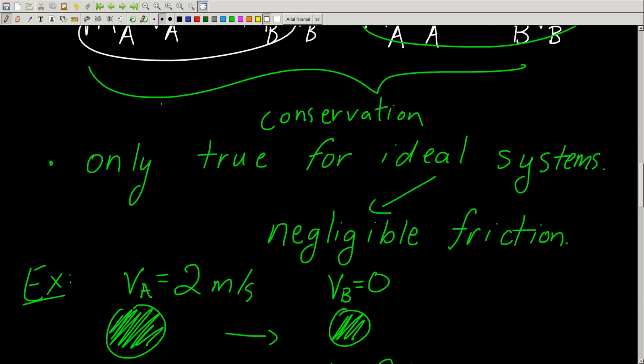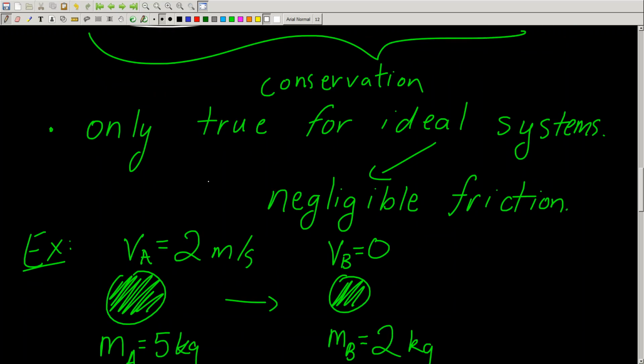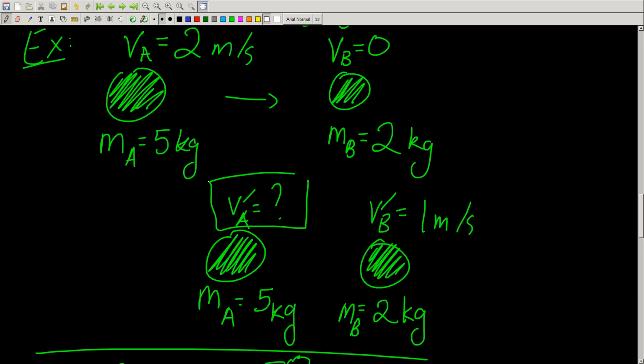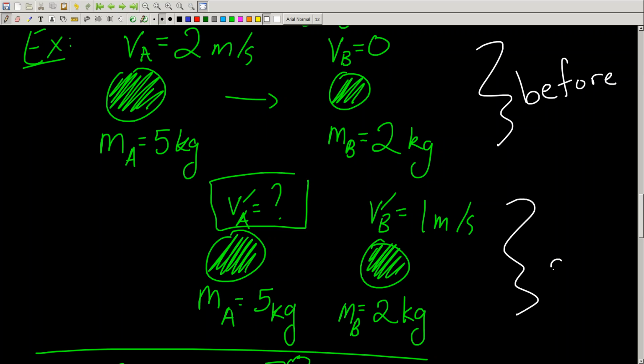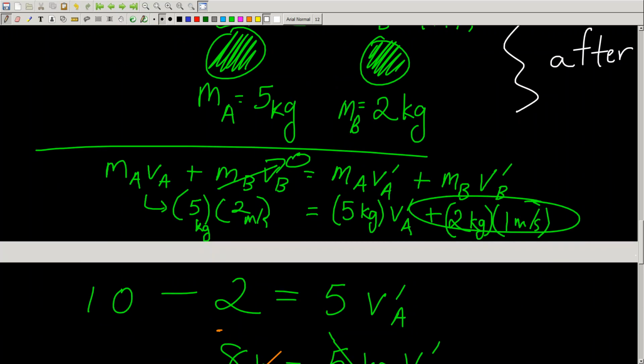And what I had to state is that this is only true for ideal systems, which means that there is no friction assumed in this system, okay? And then I gave you a specific example where VA is 2 meters per second, MA's mass is 5 kilograms, VB is 0 at rest, and that mass is 2 kilograms, that's before. So this thing is before collision, and then this thing is after, and I was trying to find A's velocity after the collision.